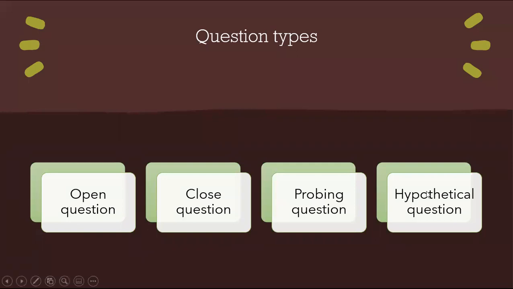And finally, a hypothetical question is the kind of question where you set up a condition and ask them what they would do in that condition. This type of question may start with if: if we do this, what will you do?